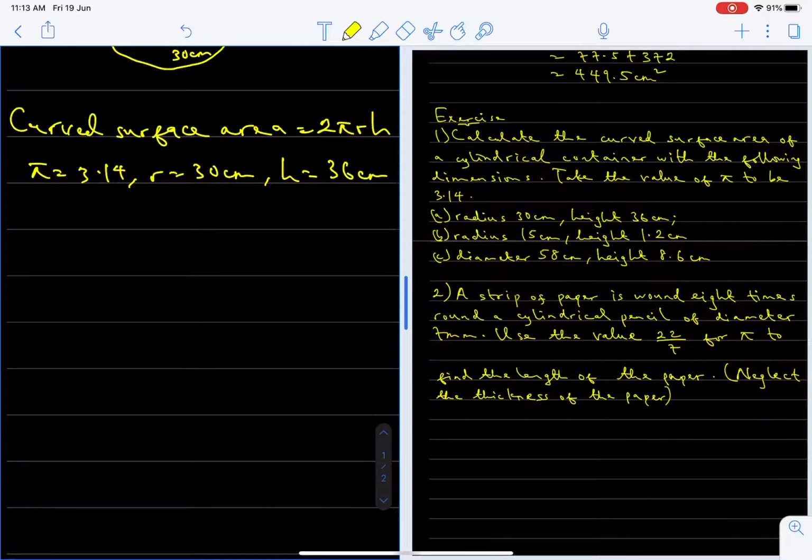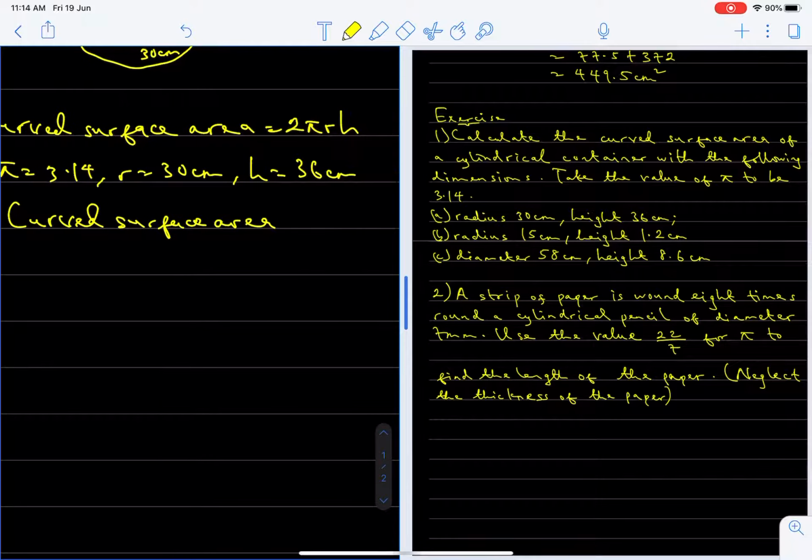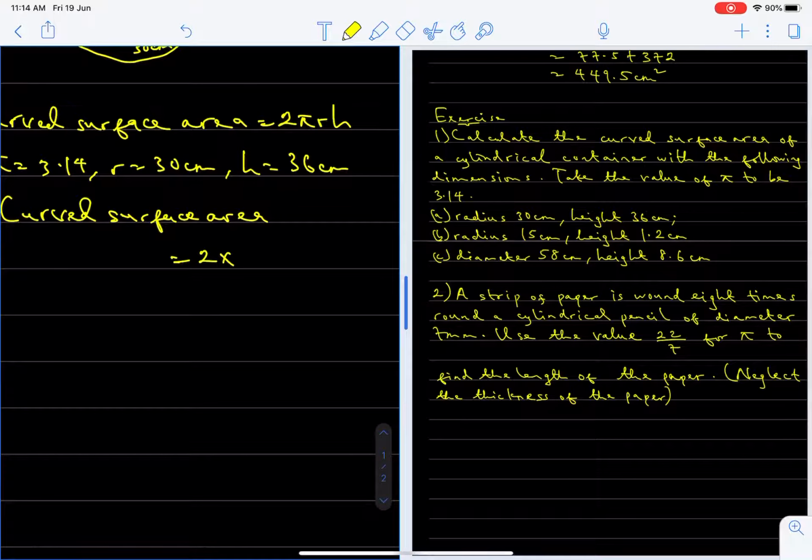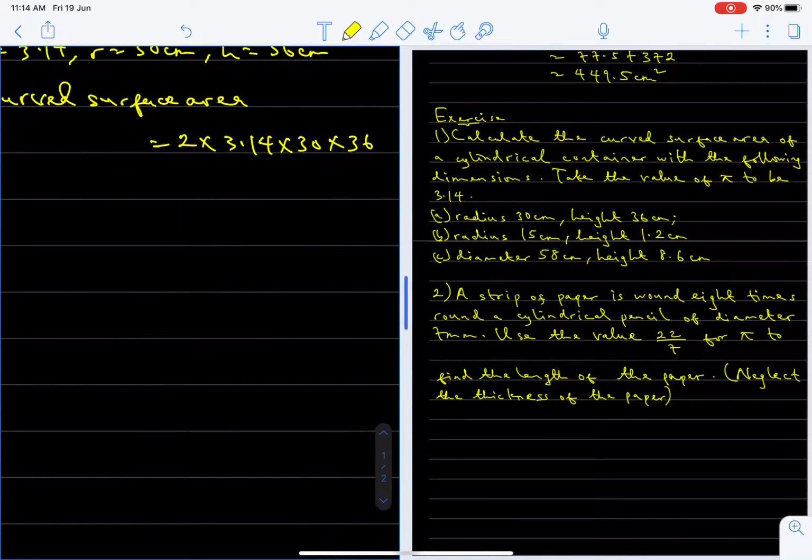Therefore, the curved surface area is therefore equal to 2 times pi, which is 3.14, times radius, which is 30, times height, which is 36.